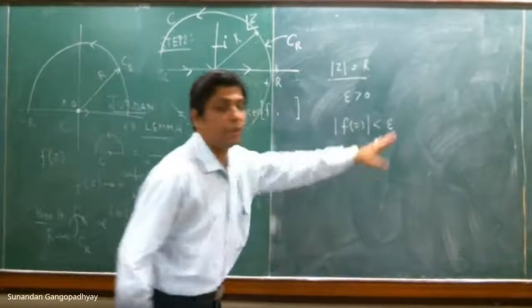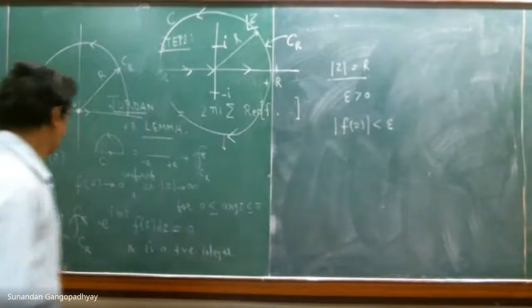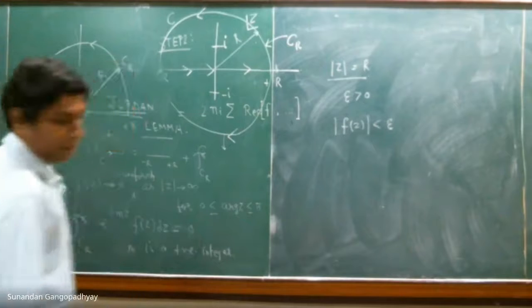That is the statement that f of z goes uniformly to 0 as mod z tends to infinity.